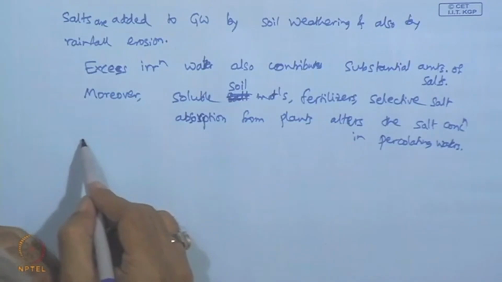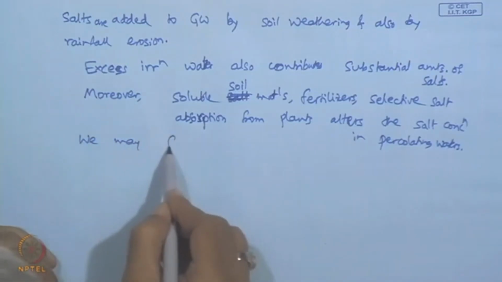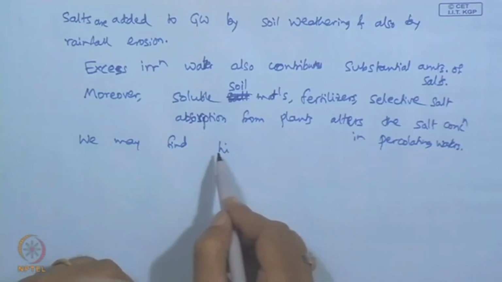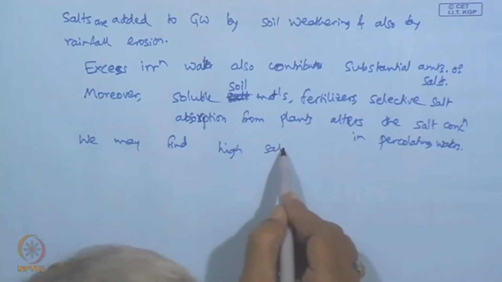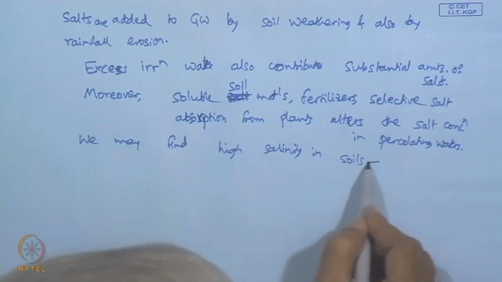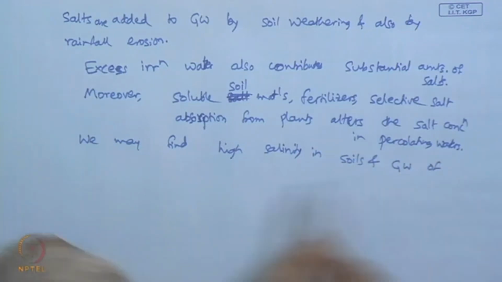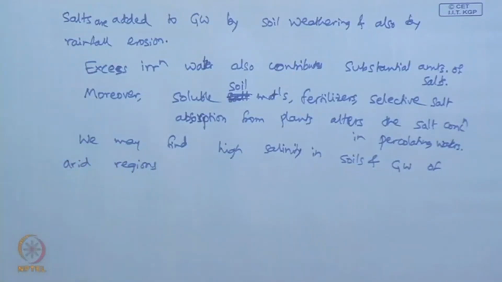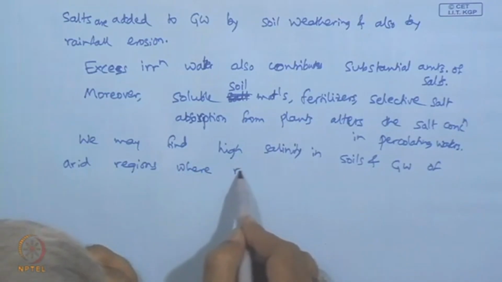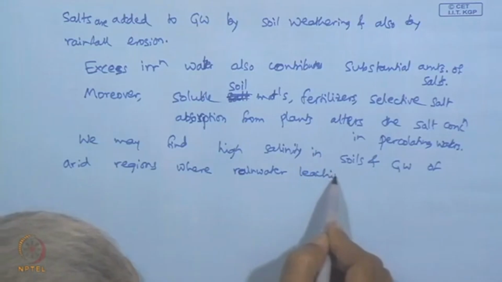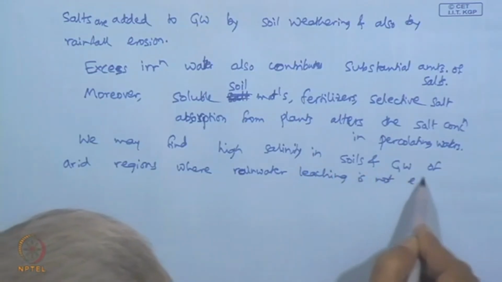So we may find high salinity in soils and groundwater of arid regions where rainwater leaching is not effective.